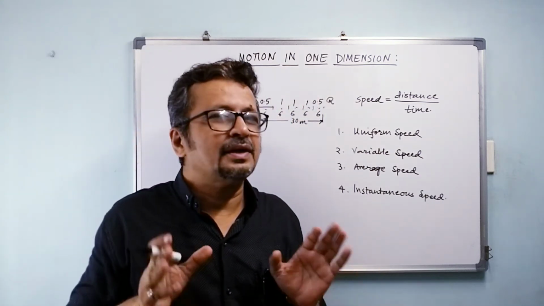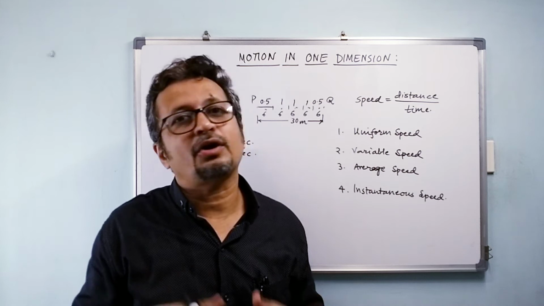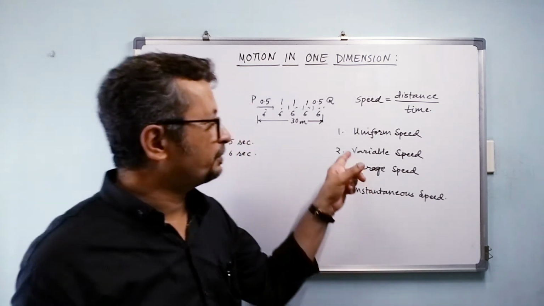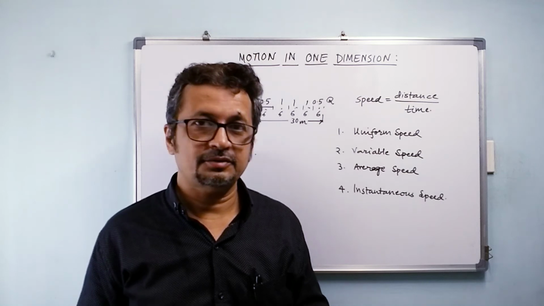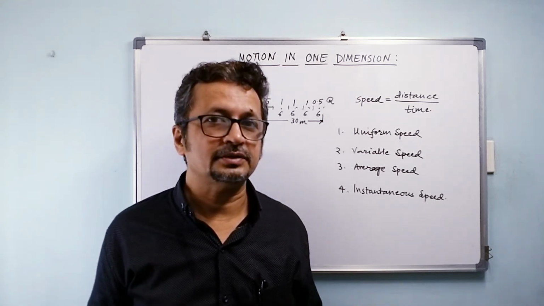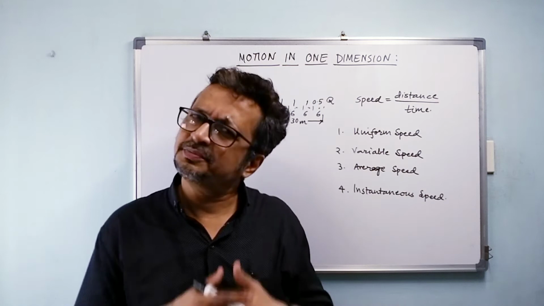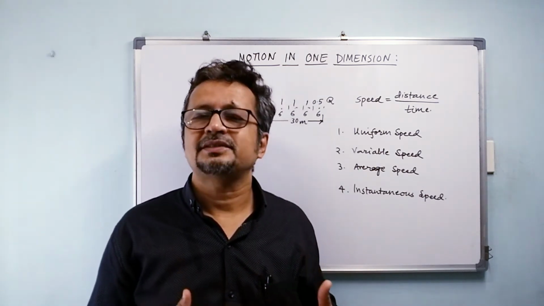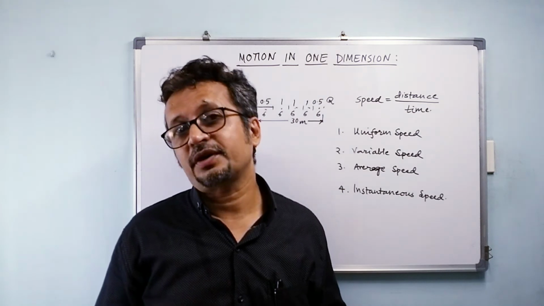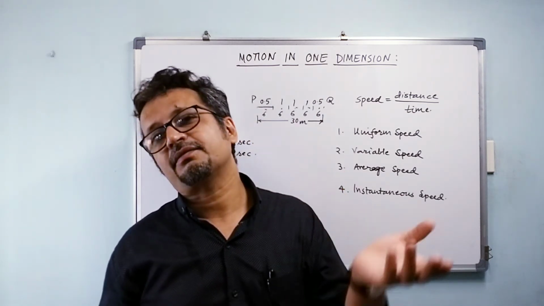I'm covering equal distances but not in equal intervals of time. Then that would be variable speed. The speed is not the same at all points, whereas in uniform speed, the distance covered remains the same in equal intervals of time.